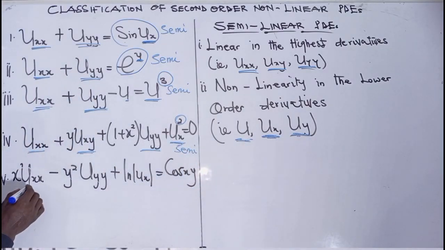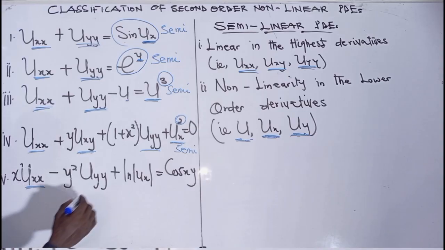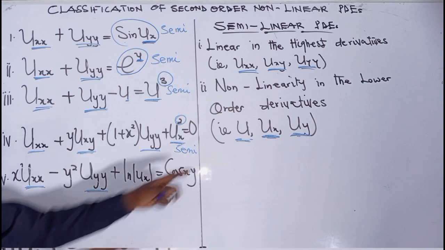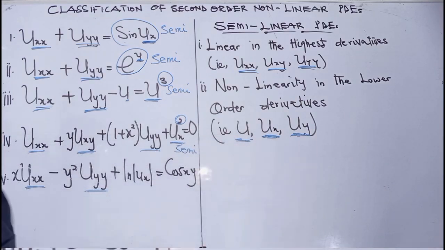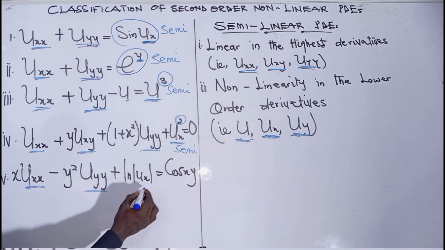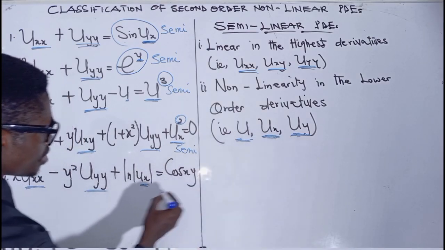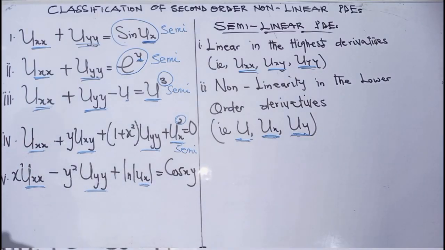Now let's look at the last one. What do you think is going to be? Is it going to be a semi? Let's check it. We are first going to identify our highest derivatives. That is uxx. It is linear. uyy is also linear. So these are our highest derivatives. Since they are linear, we move on to the lower order derivatives. So you can see that we have ux here.